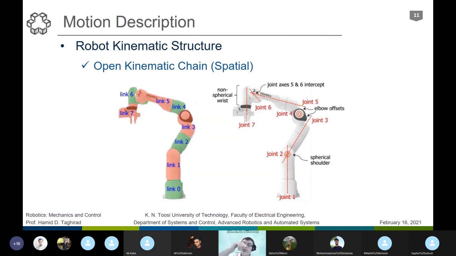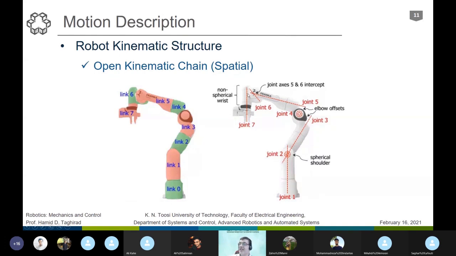And this rotational motion can be provided with a spherical joint, but a spherical joint is very hard to actuate. We usually use 3 single rotational joints that are perpendicular to each other and intersect at a single point. As you see here, there are 3 joints, 1, 2, 3, that are connected.